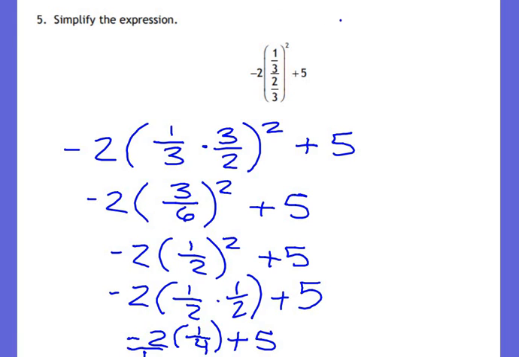So that gives me -2 over 4. Can this simplify? No, baby. That simplifies to -1/2.